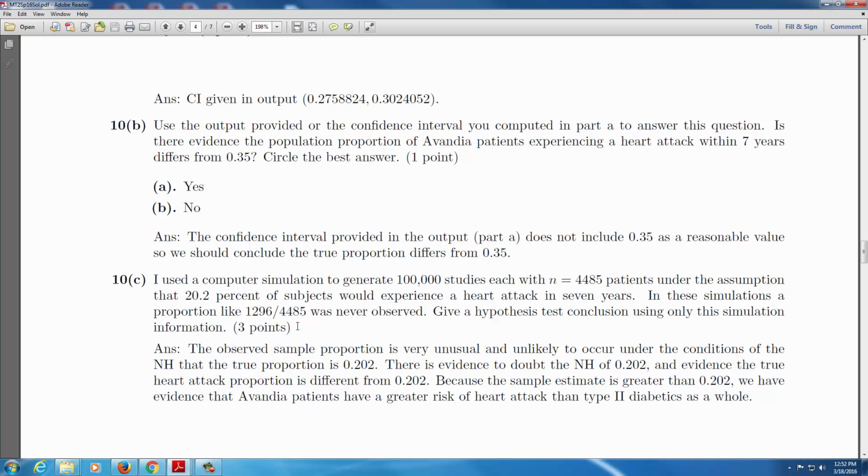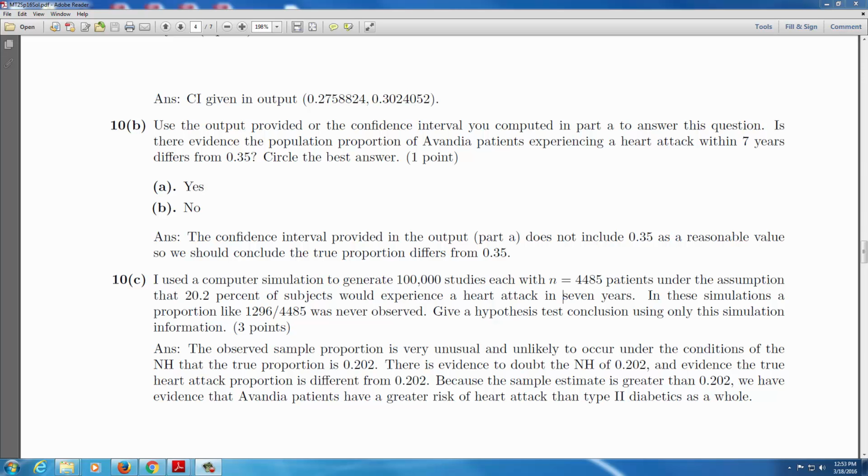You needed to give the direction. A lot of people were able to correctly say that the risk is different than 0.202, but they failed to say that the data gives clear evidence that the population risk for Avandia is higher than 0.202, and that needed to be part of your 3 points to get 3 points for the answer.